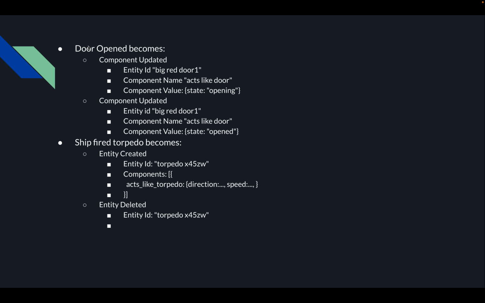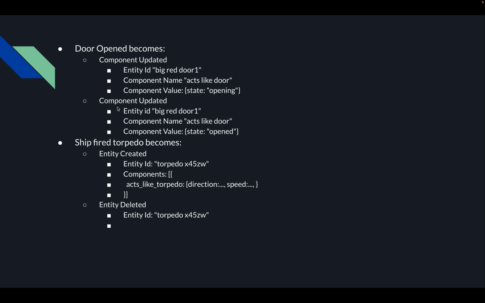So an event like, hey, a door was opened, probably becomes 2 events, because it's going to be a component updated fact, and here the component you're updating is that it is the acts like door component, and you're changing it to opening. But this would change the snapshot or the state to have this door continuously opening.